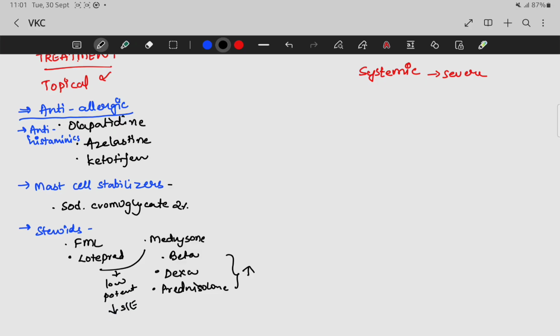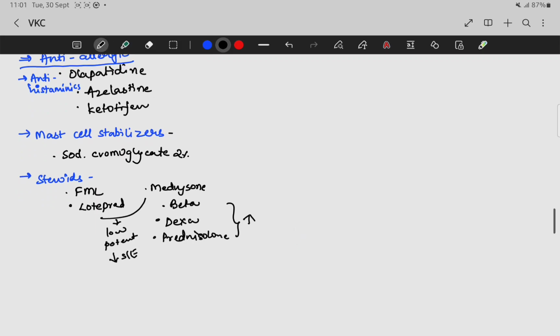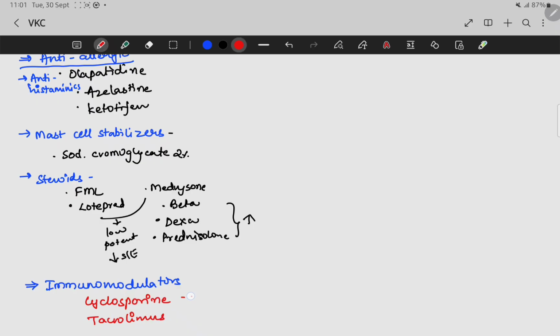Then we also have topical immunomodulator drugs, that is cyclosporine as well as tacrolimus. Cyclosporine can be used at 0.5 to 1% as freshly prepared drops, and tacrolimus is available as 0.03% ointment.